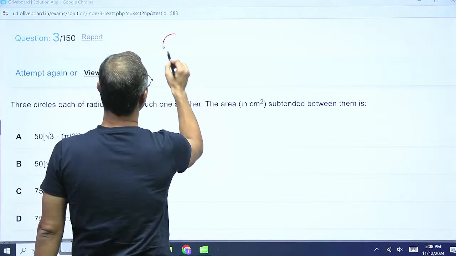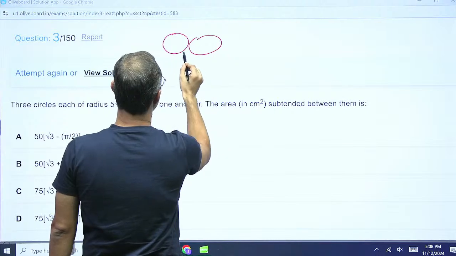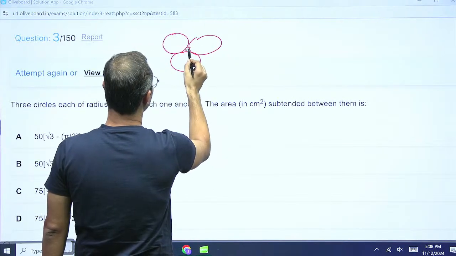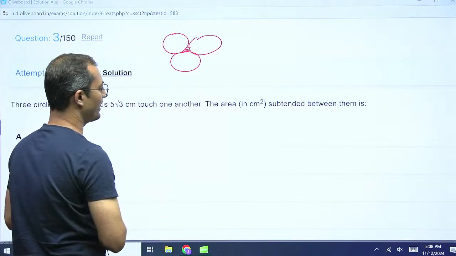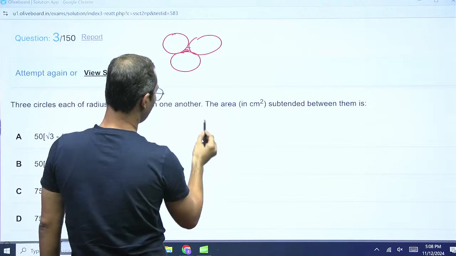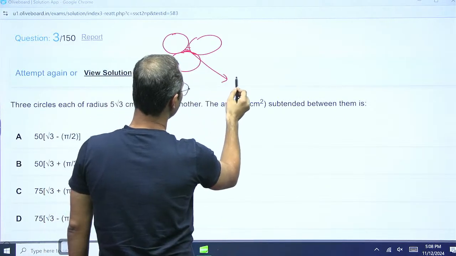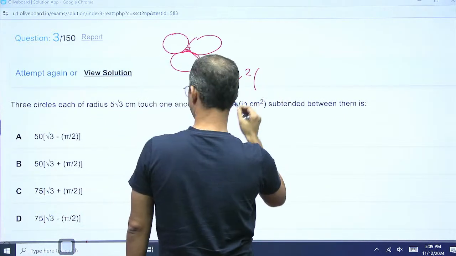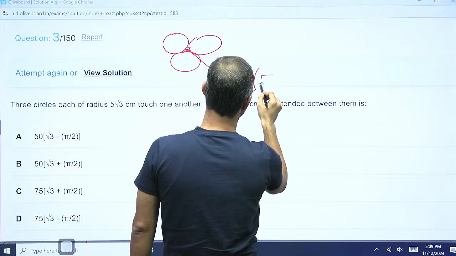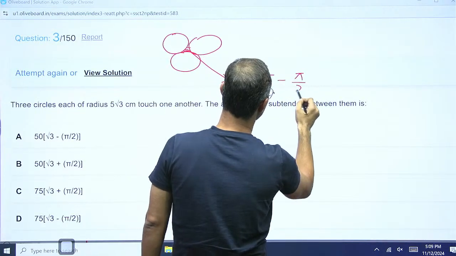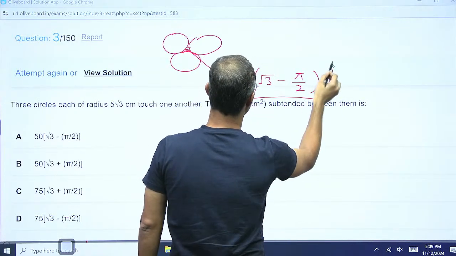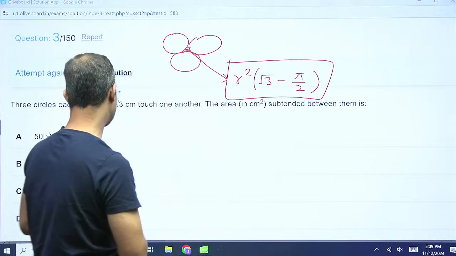The question is saying there are 3 circles, they are placed like this, right? So we have to calculate the area for this. So the area is given by r square into bracket √3 minus pi by 2, right? So this is the direct formula.